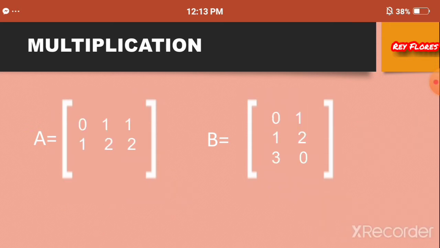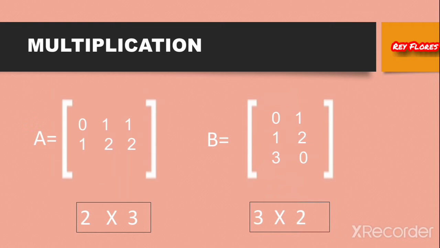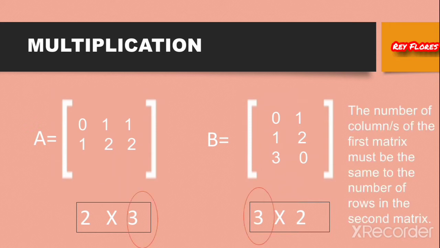So in multiplying matrices guys, we should always remember that the number of columns in the first matrix must be equal to the number of rows in the second matrix, like this encircled number.